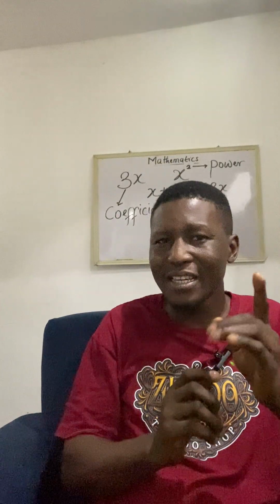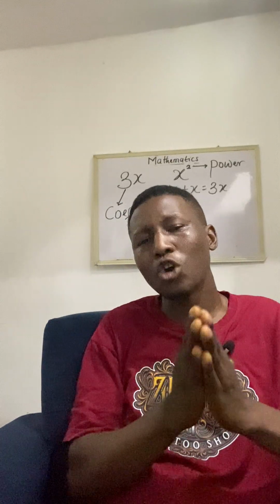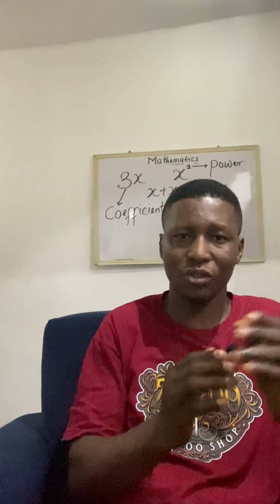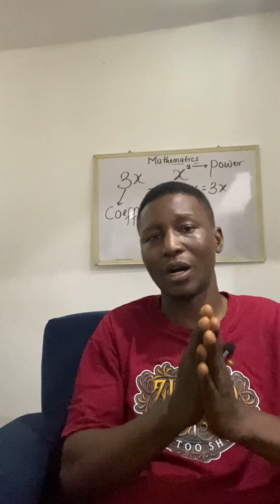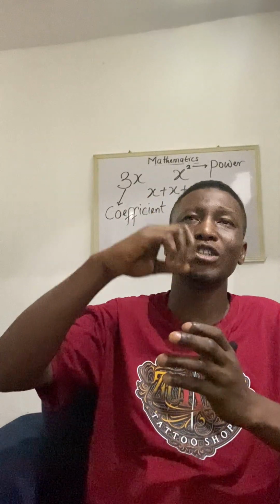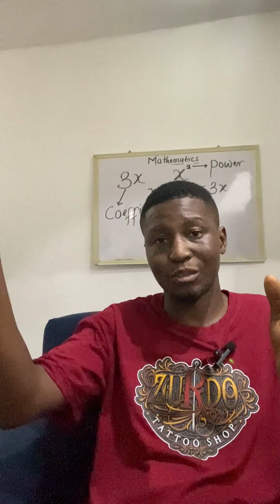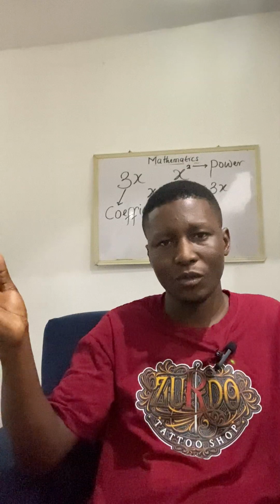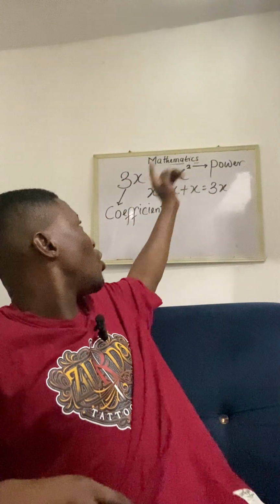Please don't mistake a power for a coefficient. Addition of the same letter with the same degrees brings about a coefficient, while multiplication of the same letter brings about a power. Now, a power is written as a superscript. It is written on top of that particular letter or number, as the case may be, just slightly above that letter or number, just as you have on the board.